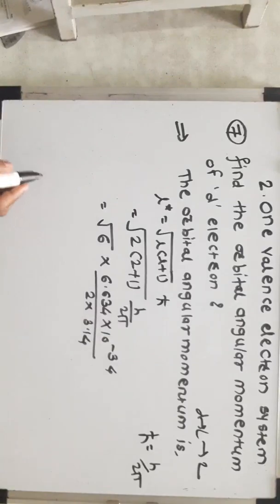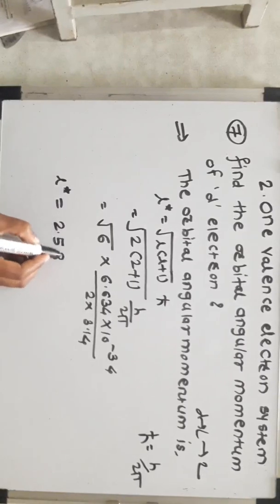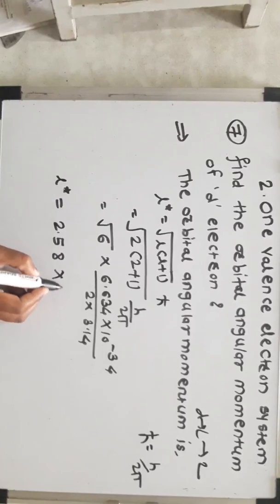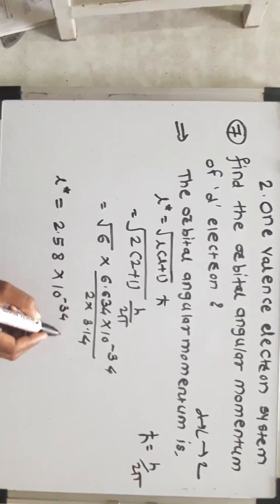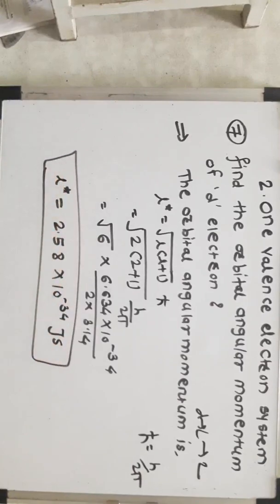Then you will get the orbital angular momentum L* = 2.58 × 10^-34 joule second. This is the value of the orbital angular momentum.